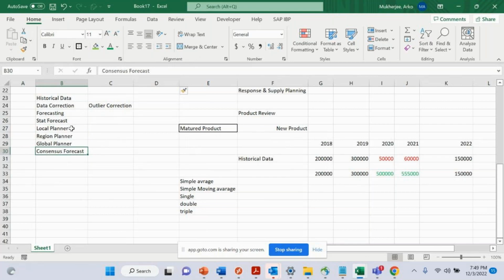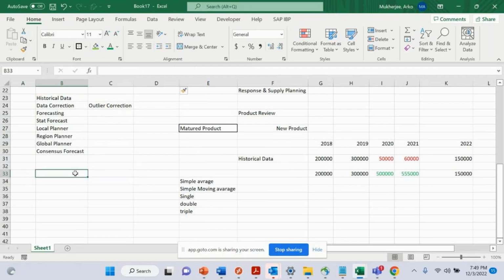Now, here comes another thing. When I was talking about how the local planner will enter, they need to have some target, like they need to think about what their warehouse is doing, how they will do the business. The same for the region planner. Now this local, region and global planner are all sales people, that you need to understand. In every organization, there is a common fight between the sales planner and the production planner.